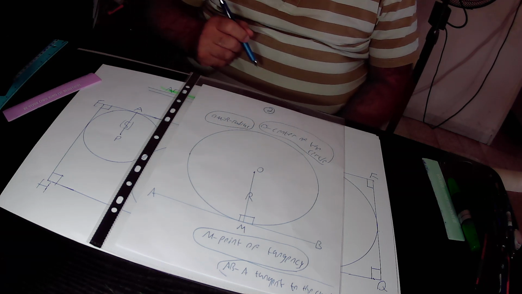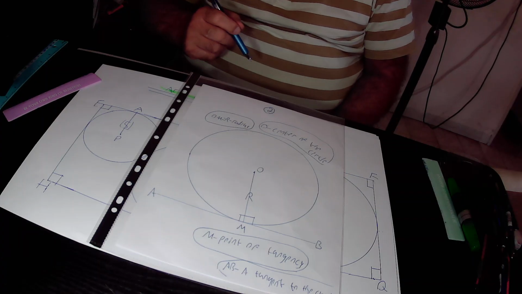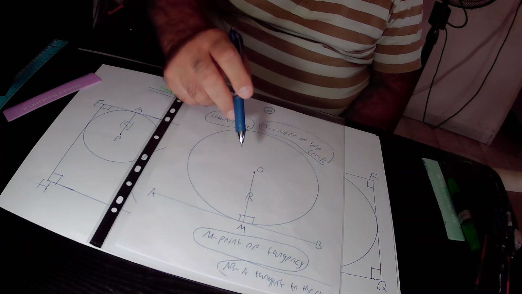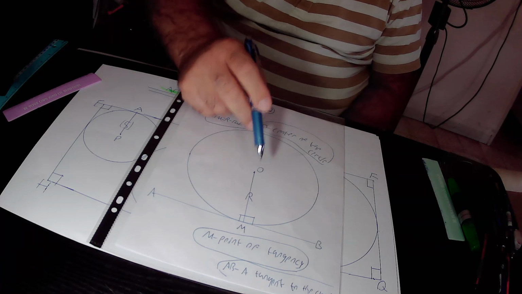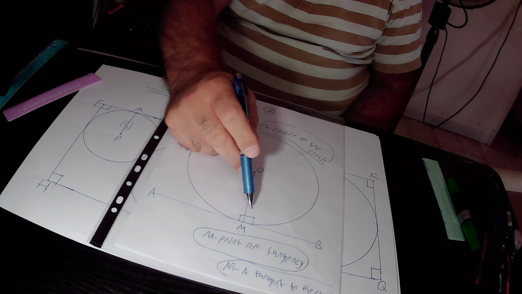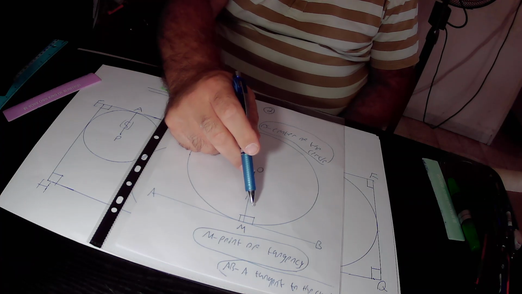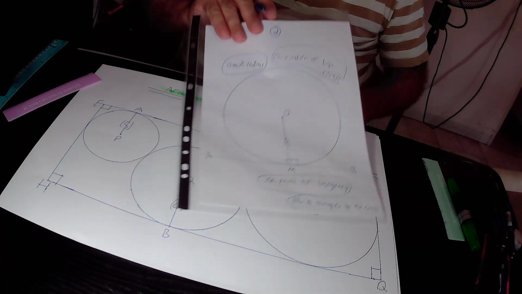And whenever a radius is drawn to the point of tangency, then tangent AB will be perpendicular to the radius MO. If AB is perpendicular to MO, it means that this angle equals 90 degrees, and this angle also equals 90 degrees according to rule 1.